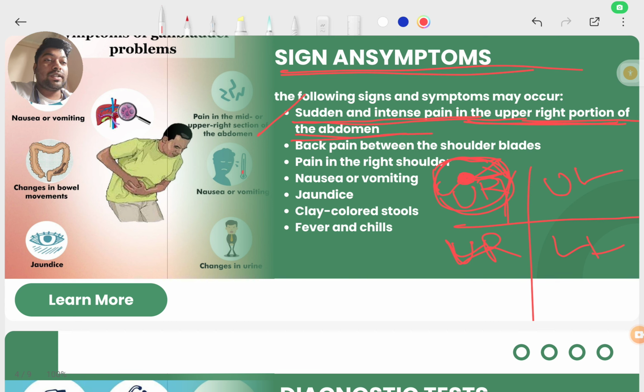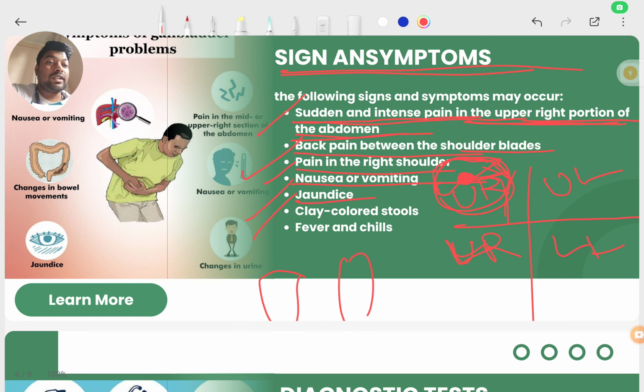Similarly, this pain radiates as back pain between the shoulder blades. Next, there is pain in the right shoulder. Nausea and vomiting can be seen.